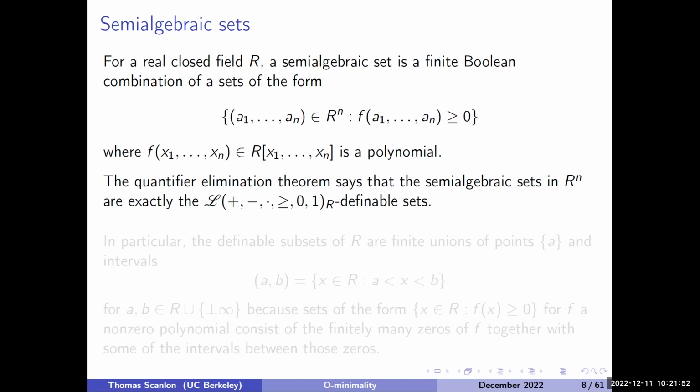So that's literally what quantifier elimination gives: the semi-algebraic sets are exactly the sets that you can define using first-order formulas. There's a little subscript R here, which I'll point out, which means that you can allow parameters. You can plug in numbers into the formulas and definitions. If you don't allow yourself to plug in numbers, then you only get semi-algebraic sets that are defined without parameters.